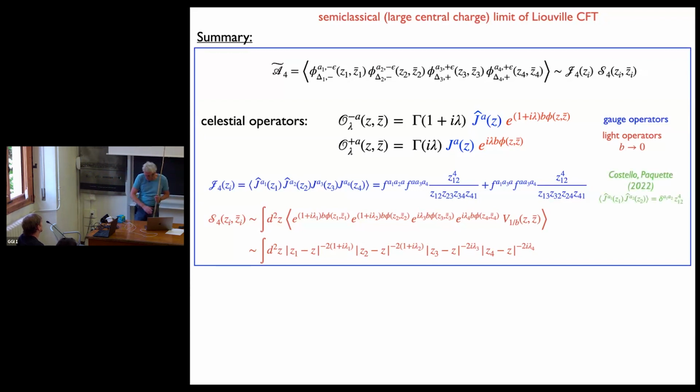Actually, it's a bit non-standard because you have these currents, but this has also been recently discussed in this current algebra by Pasquet and Costello. So this is the setup, or this is now the prescription how we should obtain the celestial amplitude by just computing it in a Liouville theory.